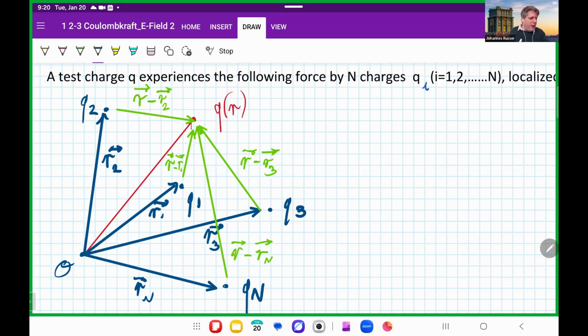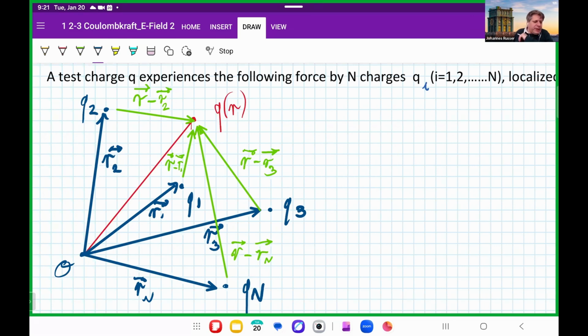So we are about to calculate the total force, and for that we need the force acting on Q due to charge 1, due to charge 2, and so on, until we have added the contributions of all n charges.